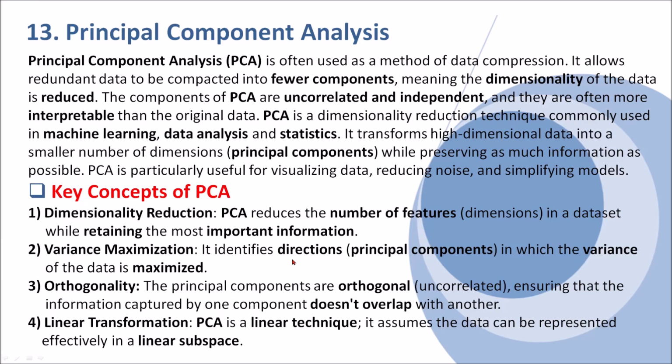The principal components are orthogonal, namely uncorrelated, ensuring that the information captured by one component doesn't overlap with another. Fourth, linear transformation. PCA is a linear technique. It assumes the data can be represented effectively in a linear subspace. Namely, PCA has these key concepts. In the following section, we are going to discuss each item one by one.